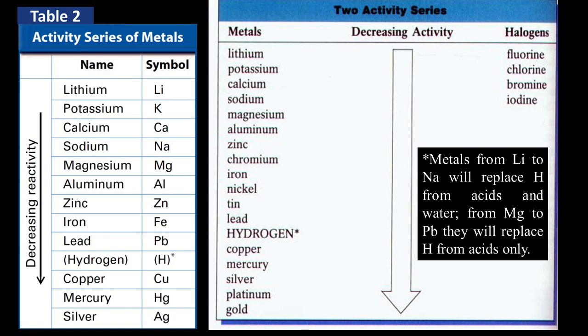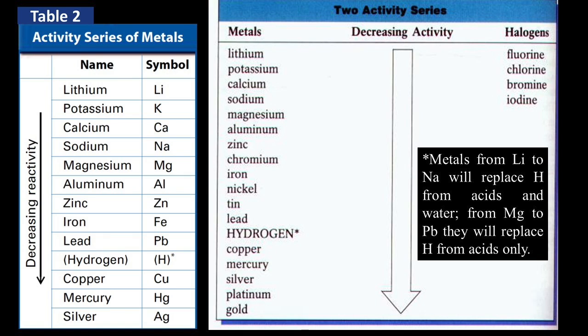So in terms of the activity series, let's just stop the tape for a minute. I want to talk about this a little bit further, so hold on. So even though lithium, potassium, calcium, sodium, magnesium, aluminum, zinc, iron, and lead are all more active than hydrogen, only lithium, potassium, and calcium replace the hydrogen in water.